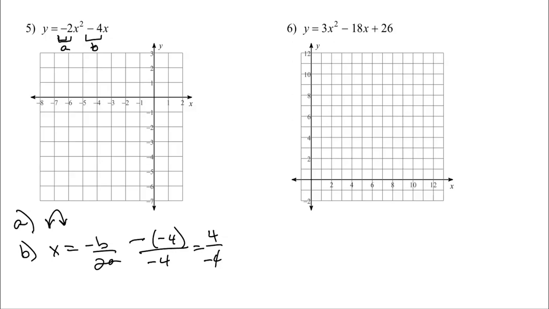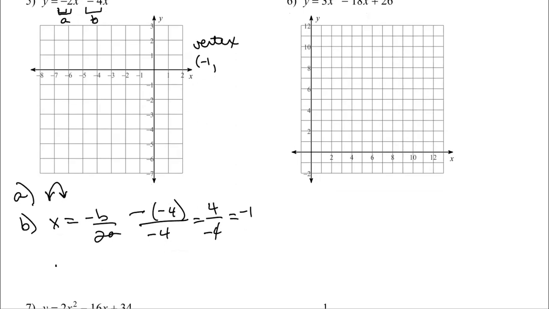Okay, let me just make sure I'm doing this correctly. Let me just check the key myself. Yep, we're good. So that's going to make my x negative 1. So far your vertex is negative 1, and I'm waiting for my y. To get your y, you're going to plug in a negative 1 in this equation right here.